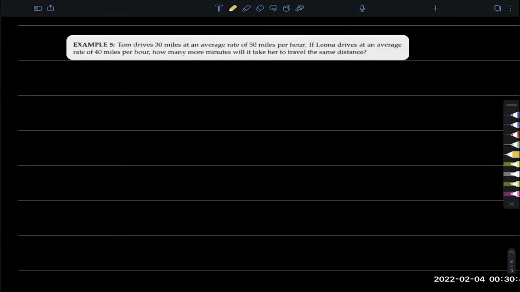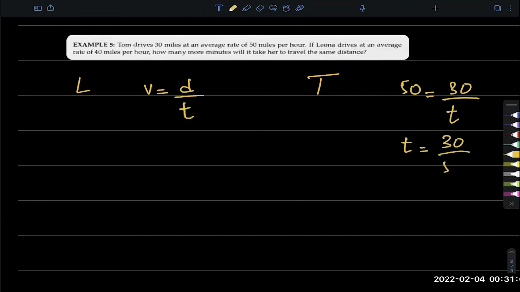For example, in this case, Leona and Tom are both driving, right? So I can use the equation speed is distance over time. Tom is going 50 miles per hour for 30 miles, so t is going to be 30 over 50 hours.